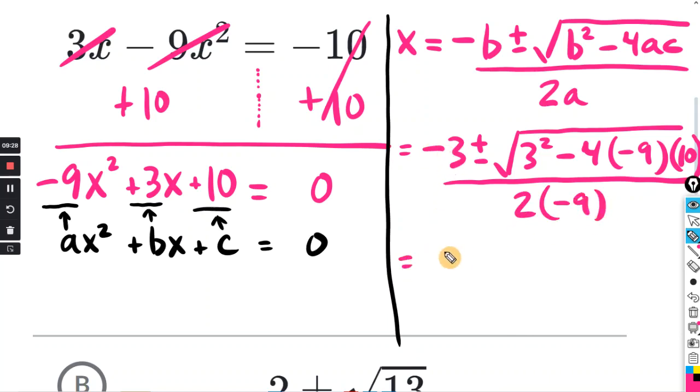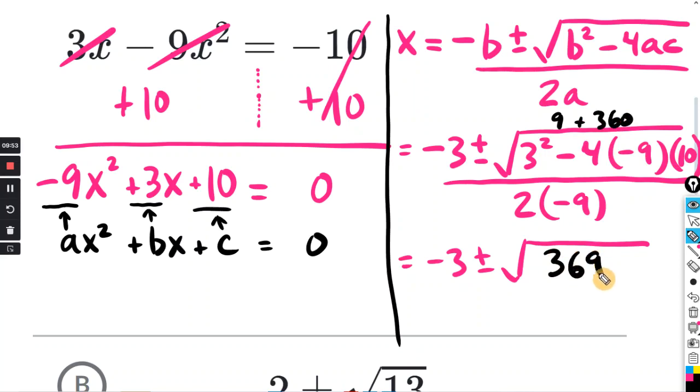All right, we have negative 3 plus minus, evaluating under the square root. 3 squared is 9. Negative 4 times negative 9 is 36, times 10 is 360. So 9 plus 360 is going to give us 369.